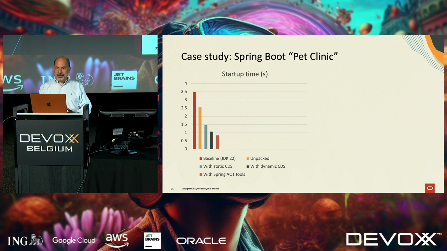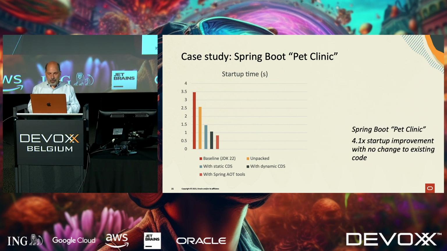All of these different techniques synergize so that running more of these techniques gives you a better result. And so what we saw was a roughly 4x startup improvement. Again, not giving up any dynamism, not changing any code.